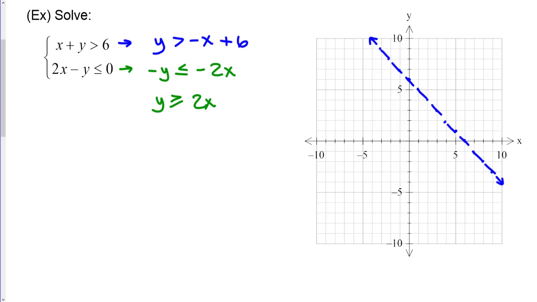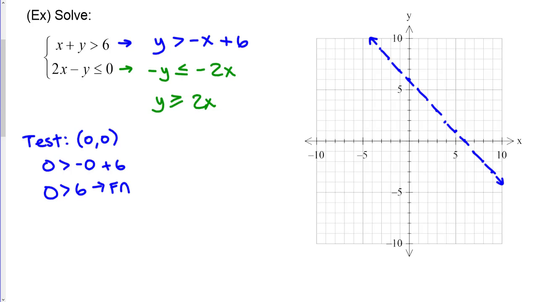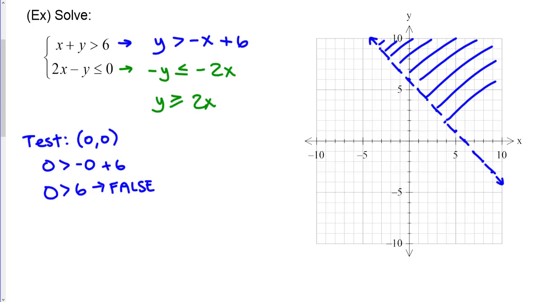It does not pass through the origin, so I can test the origin 0, 0, which means when I plug this in, I would have 0 is greater than negative 0 plus 6, or just 0 is greater than 6. Well, that is false. And since that's false, I would shade the side of the line that does not contain the origin. So I would shade this side of the line over here.